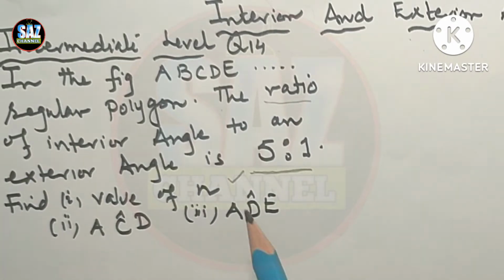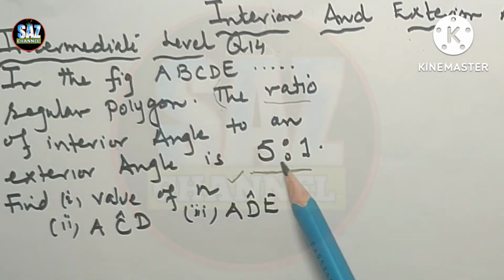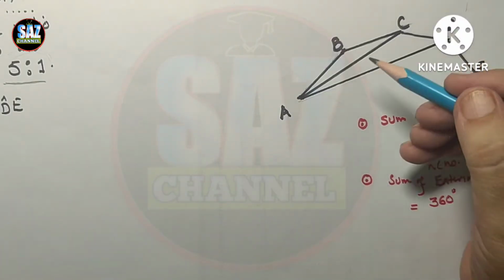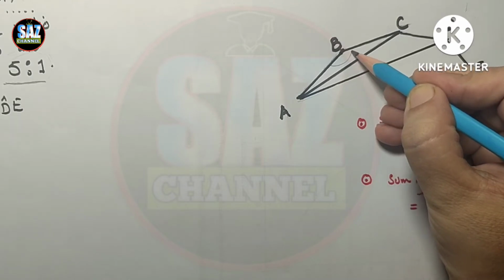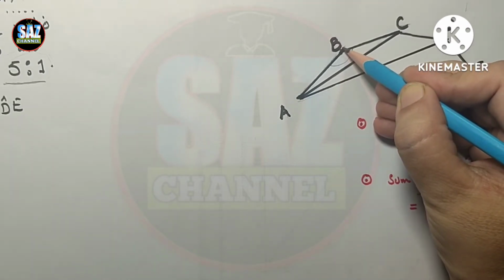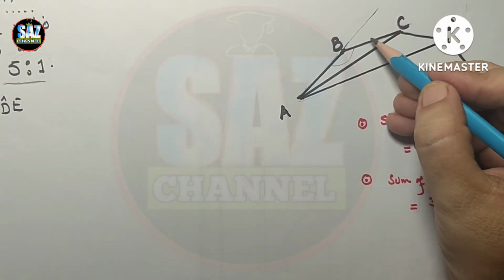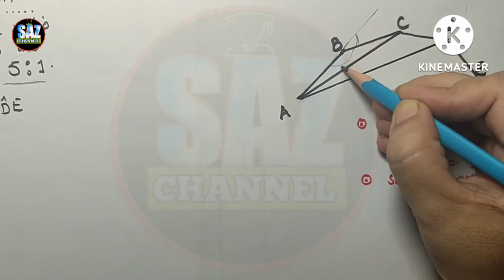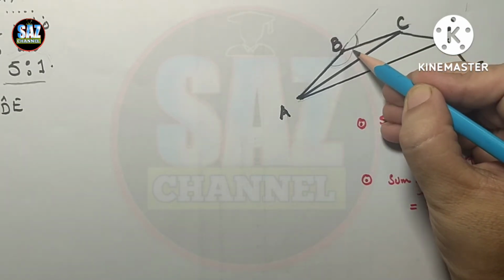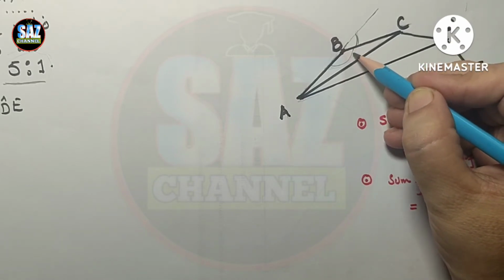The question says the ratio of interior and exterior angle is 5:1. Now let's focus on the diagram. If we take the interior angle B, we can extend the line over here, and interior and exterior angles are supplements of each other. They make a semicircle shape, so their sum is 180 degrees.